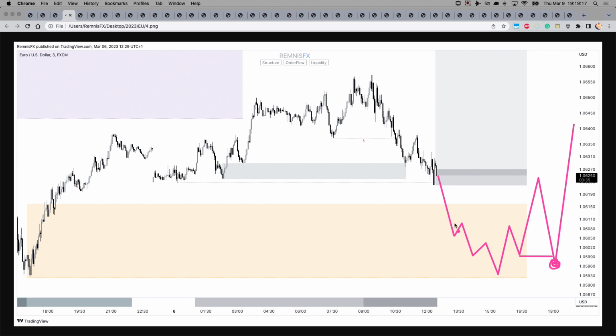So I will accept my loss, wait patiently until I get any confirmation that price indeed mitigated this order flow and now is ready to continue higher, right? Then I will enter here and get even a better position in return, right?